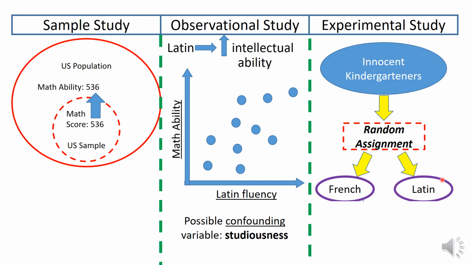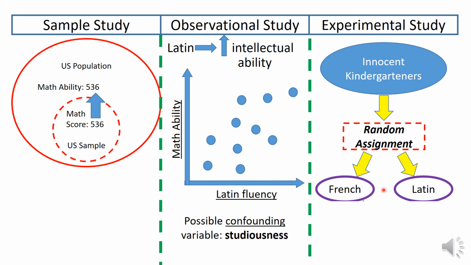Now we need this control group. I have it as French. It could be English. It could just be no foreign language class, whatever. But you need to have some kind of control group that will give you a baseline for us to compare our Latin group to. We say that Latin improves your mathematical ability. Okay, improves it relative to what? So that's ultimately what we're going to find out.